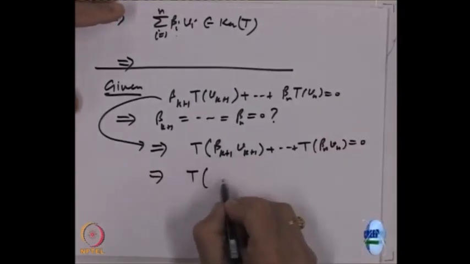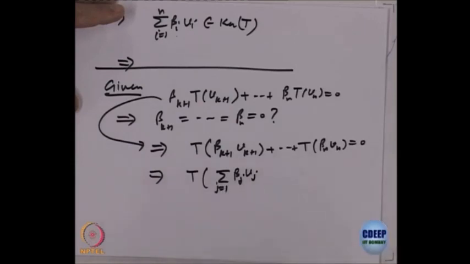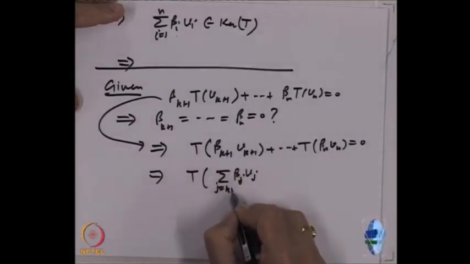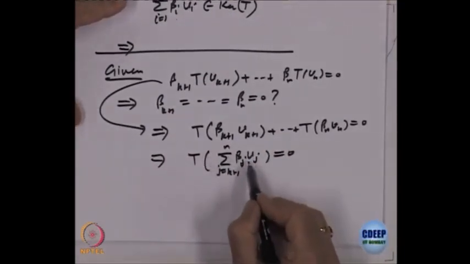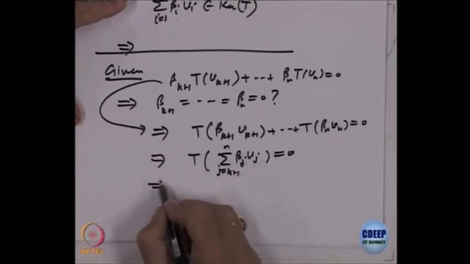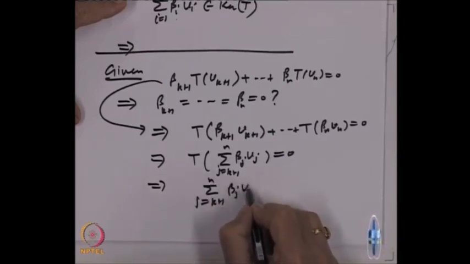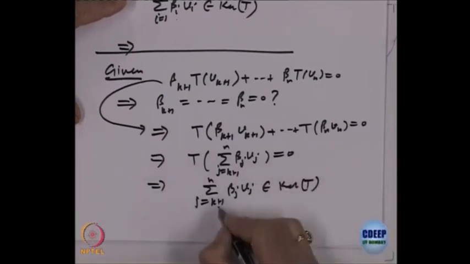So, let us bring again linearity, that means T of sigma beta_j v_j, j equal to k plus 1 to n, equal to 0, right. Now, that means this element belongs to kernel, right. T of something is 0, so that element must be in the kernel. So, implies sigma beta_j v_j, j equal to k plus 1 to n, belongs to kernel of T, right, from k plus 1 onwards.